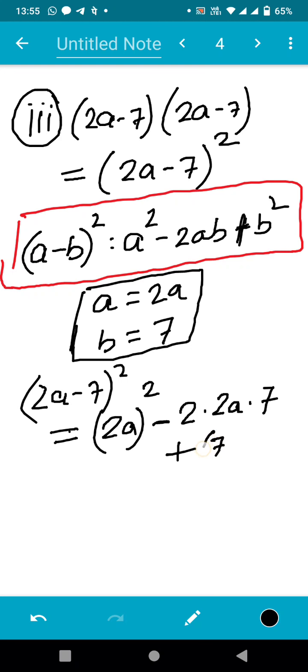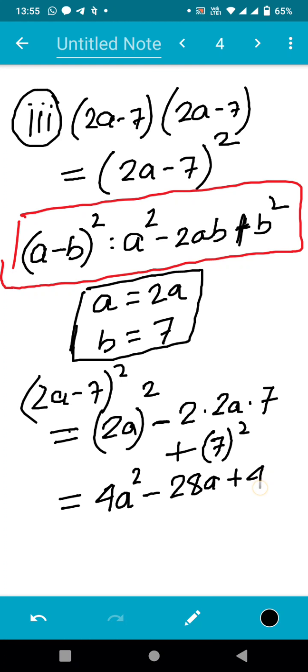So what is there in place of b? It is 7. Now let's solve it. So 2a whole square means 4a square, minus 2 into 2a into 7, we have 28a, and then we'll write 49. Okay, so this is the solution of sum number 3.